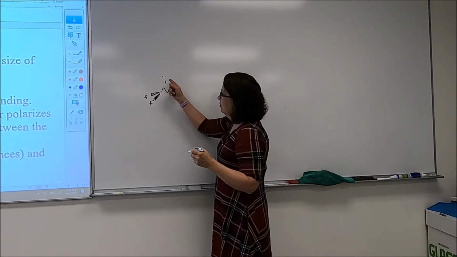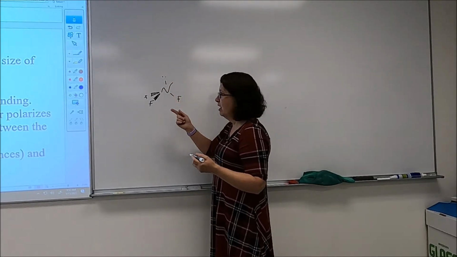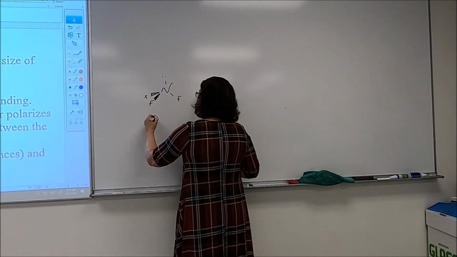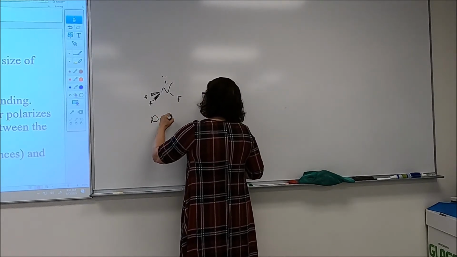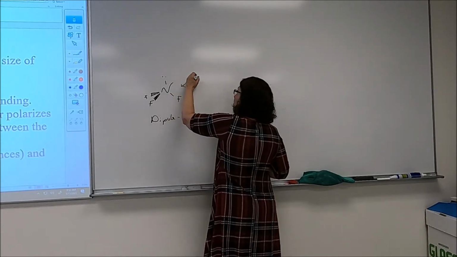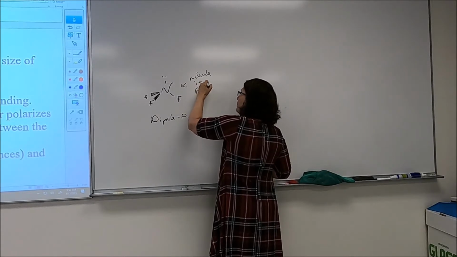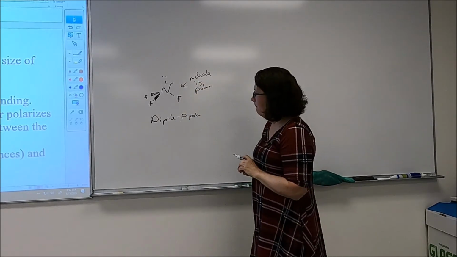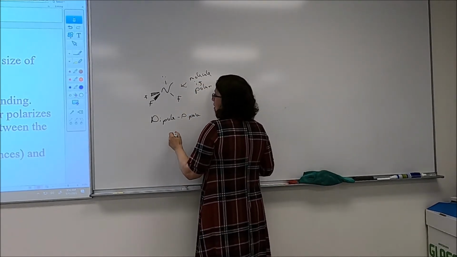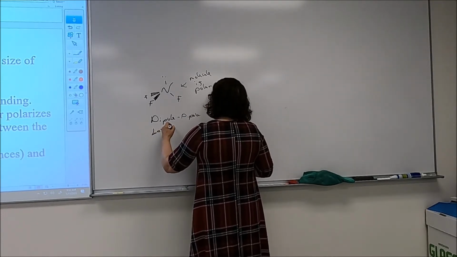There are 4 electron groups around that central nitrogen. One of them's different than the other. So I know right off the bat, I have dipole-dipole, because this molecule is polar. Okay? All right, now, everything's got a London force.